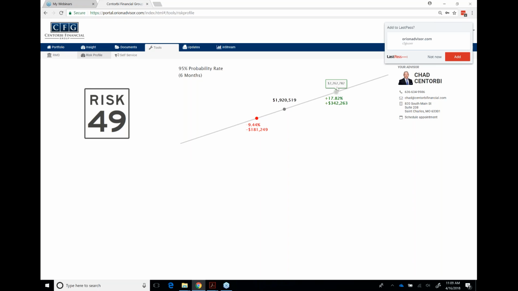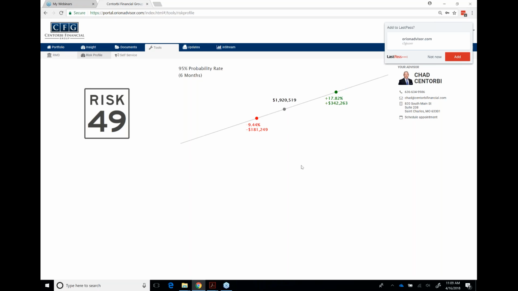When you highlight this, it shows that if it got a 17% return, the value would be roughly 2,262,000 in that 6-month period. If it dropped 9%, the value would be 1,739,270.